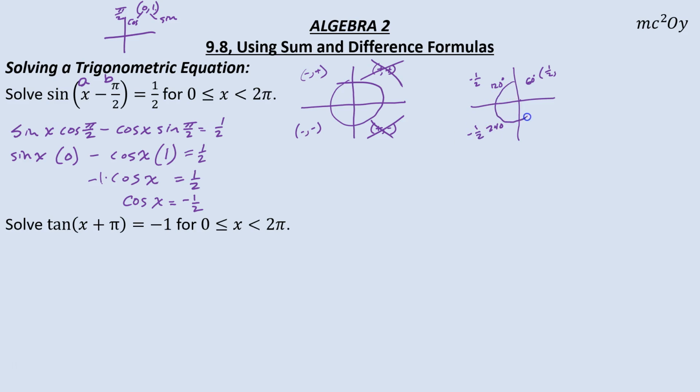If you're thinking of a unit circle, those are the locations you're looking at, right? 60 degrees, another 60, and then another 60 from 180. So my solution is cosine is equal to negative 1/2 at 120 degrees and at 240 degrees. That's the coordinate where you get cosine being negative 1/2. And that's in terms of degrees. That would be 2 pi over 3 if we're putting our answer in radian form, and 4 pi over 3.